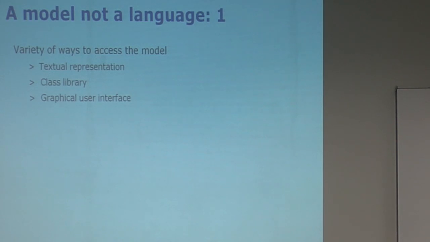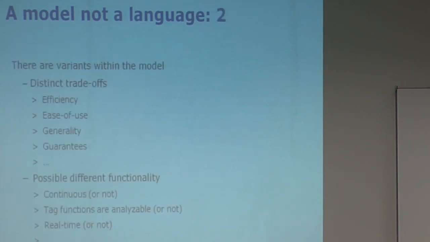So these are all the ways that I think of it as a model, not as a language. So there's the textual representation. You can write directly in the class library, and you can write in this graphical interface. And also we have this idea of a number of different variants.